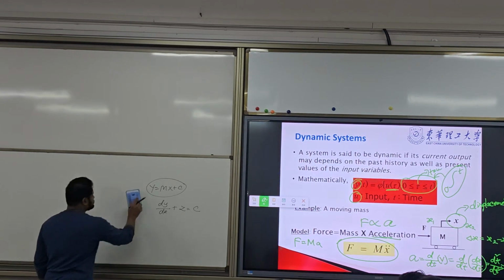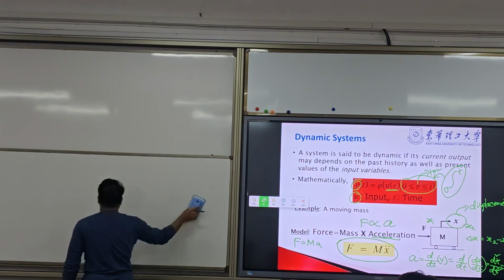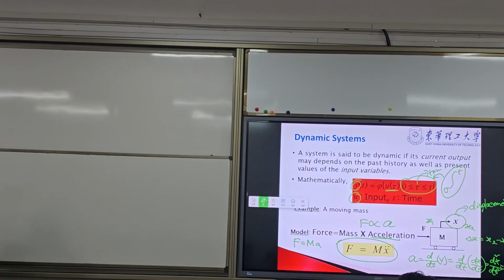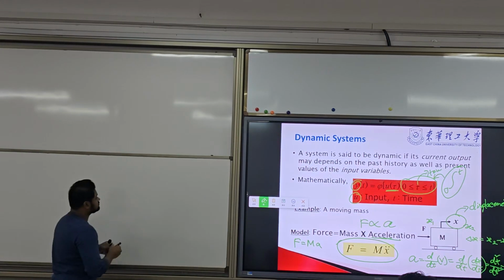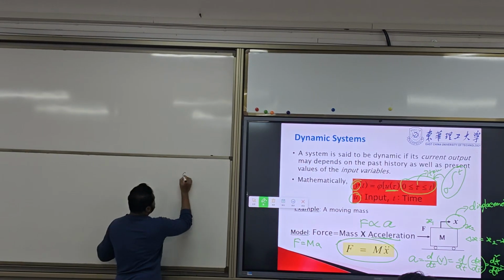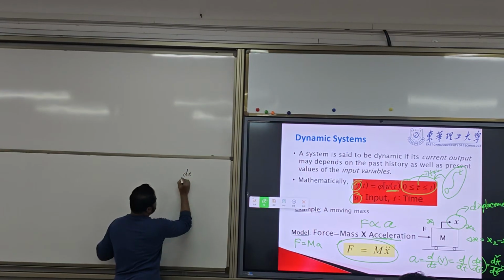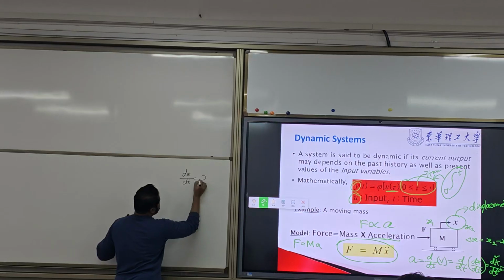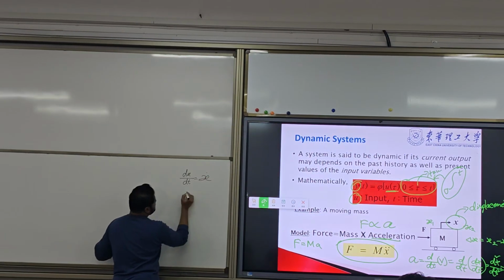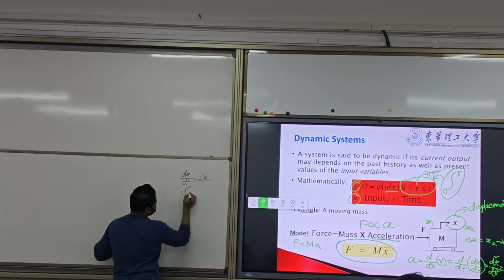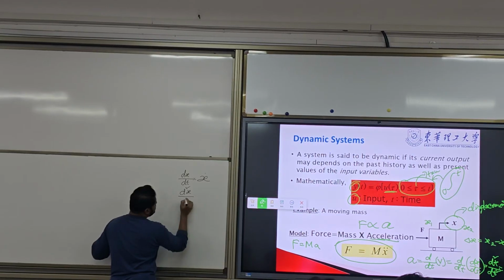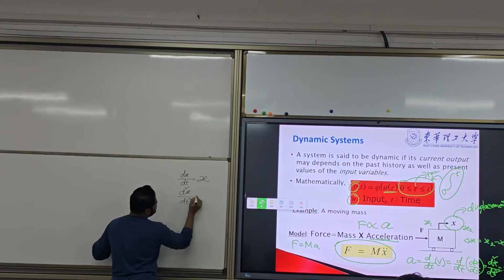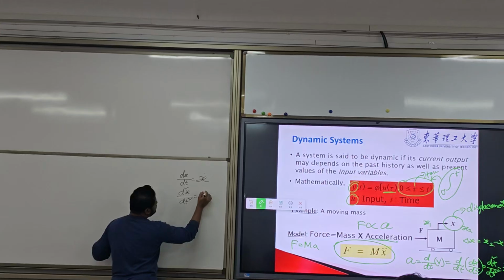Suppose I just write dx/dt, this one we will call x dot, and d squared x over dt squared, this one we will call x double dot.